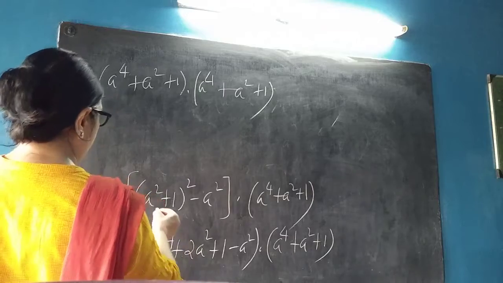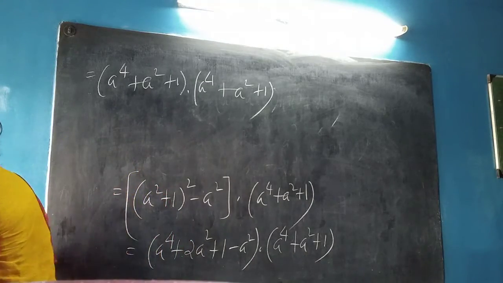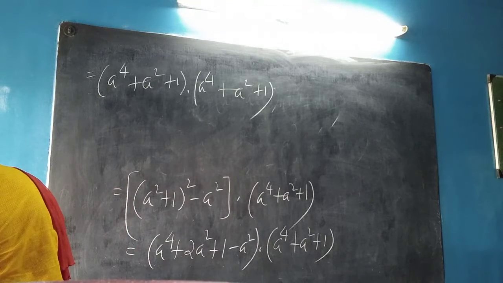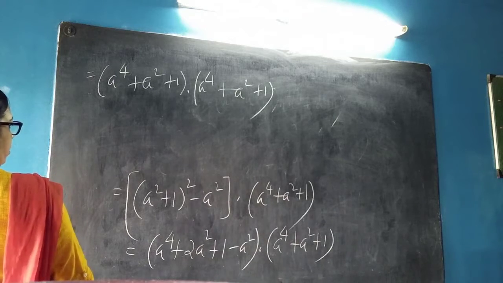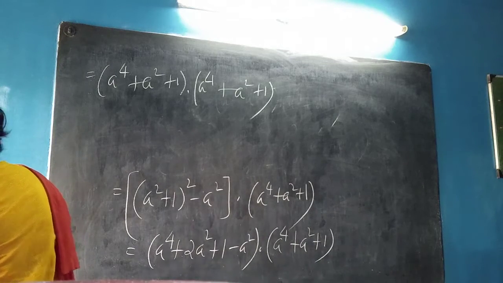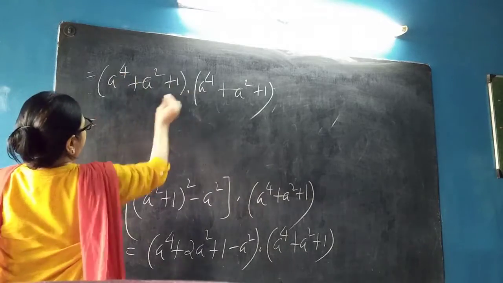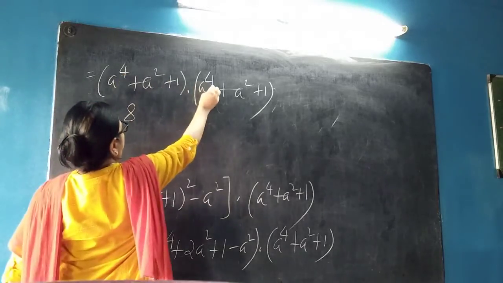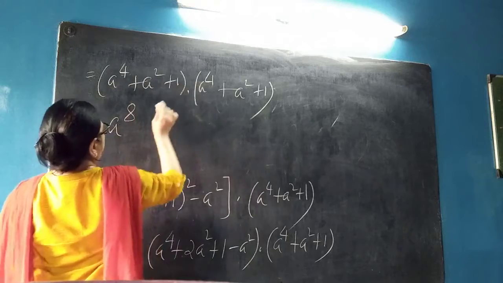So no term will be cancelled out. Once I take the sum, a square plus a plus 1 and a square minus a plus 1, that means a square plus a plus 1 whole square minus a square into this. Then simple multiplication we have to do. 4 plus 4, 8, don't do that. 4 into 4, 16. By index law, power will be added.